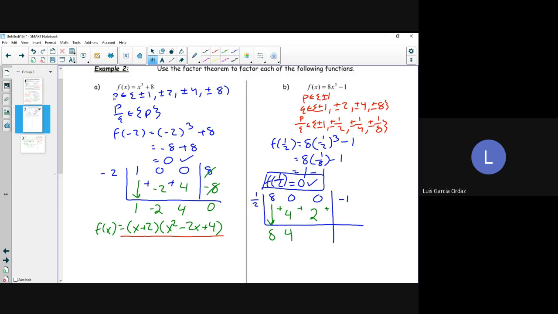And it's going to be 2. And then it's just going to be 1. So when we factor this difference of cubes, it is going to give us back f of x is equal to 2x minus 1 times 8x squared plus 4x plus 2.